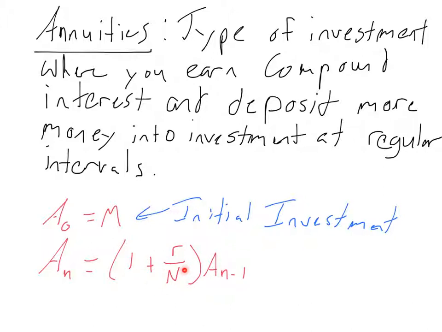But in this type of annuity, you also deposit a certain amount of money each time it compounds. So you get compound interest from this part right here for the amount that you already had invested, and then you add a little bit more in. P is just this periodic deposit, is what we call it.